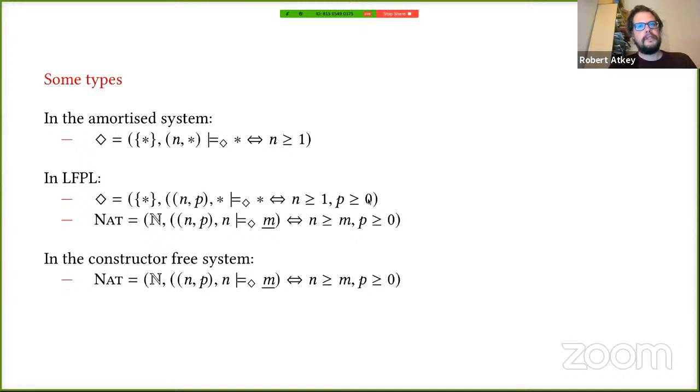But the natural numbers, the resource we require in this n, must be greater than the actual size of the natural number we want. And the same in the constructor-free system. But you can see in the constructor-free system that when we add these resources, we're taking the maximum. And this is what allows us our ability to do duplication.